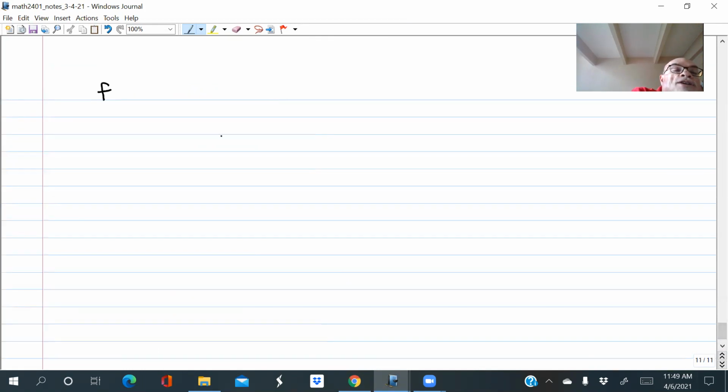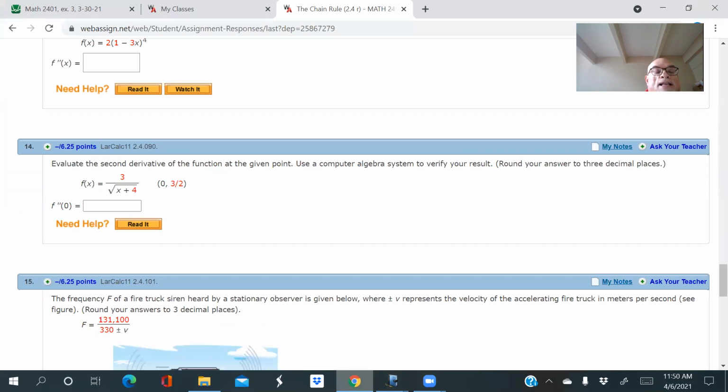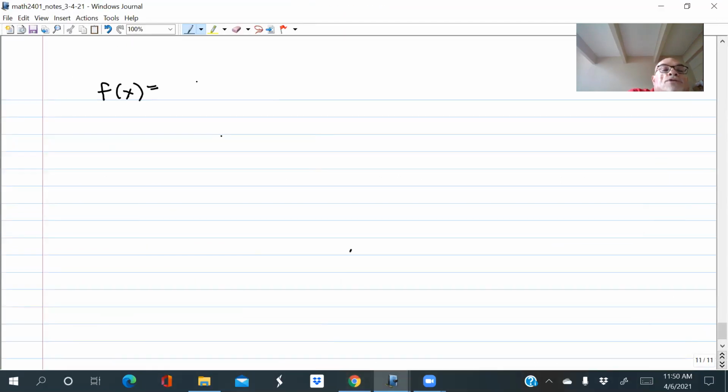So the function is, I forgot it already, something over x plus square root of x plus 4, right? So it's got one of those pesky square roots in it, and that's going to make it more complicated. So 3 over the square root of x plus 4, and we have to evaluate the second derivative at x equals 0.